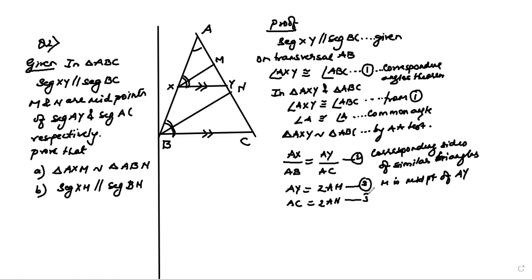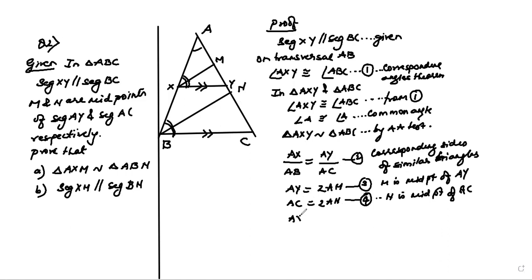Reason, statement number 4: N is midpoint of AC. And now I can change this AY and AC, children.